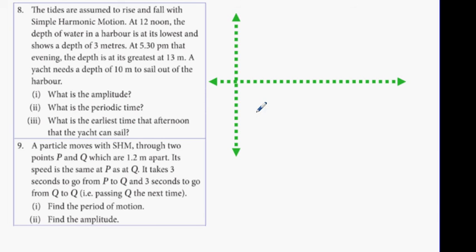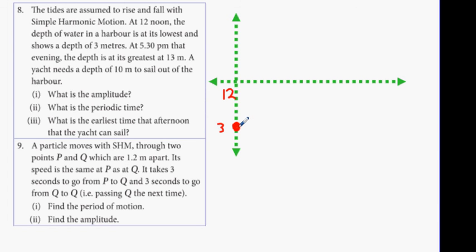So you would say it starts off here at a minus amplitude. At 12 noon it's a depth of 3 meters. Happy enough with that?